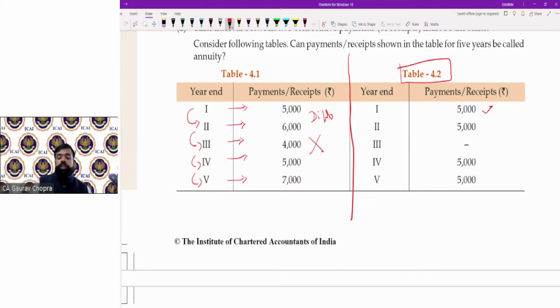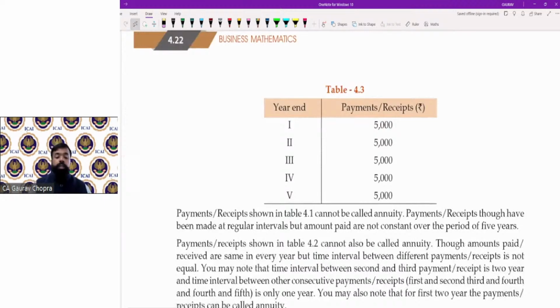Let's take table number 4.2. First year 5,000, second year 5,000, third year is nothing, then 5 and then 5. तो पहले आपने 2 साल पे किया, थर्ड में कुछ भी पे नहीं किया, तो this is a gap, यहाँ गैप आ गया। So time gap is not same, therefore this is not regarded as annuity. तो इसको भी हम एन्युटी नहीं बोल सकते। Third case, time gap is same, amount is continuous, that is 5,000, amount is also same.